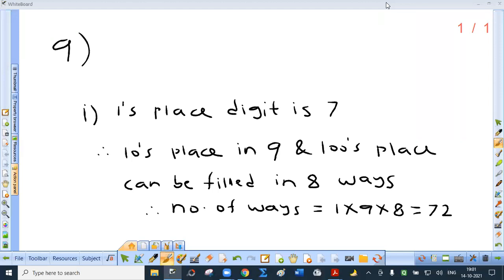Next question: How many numbers between 100 and 1000 have the digit 7 exactly once? Write down.